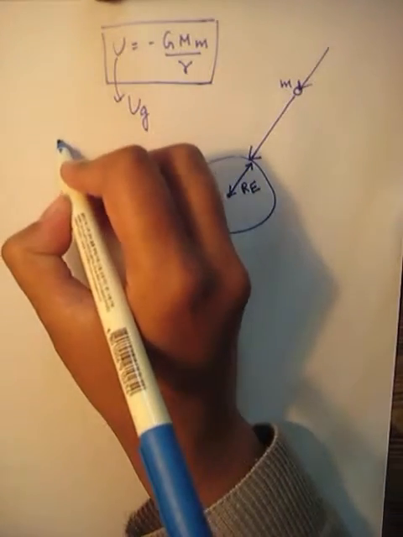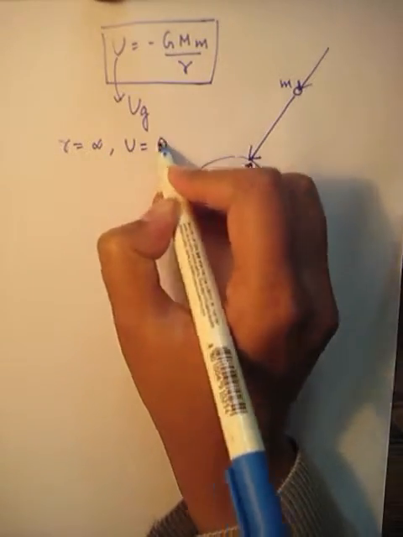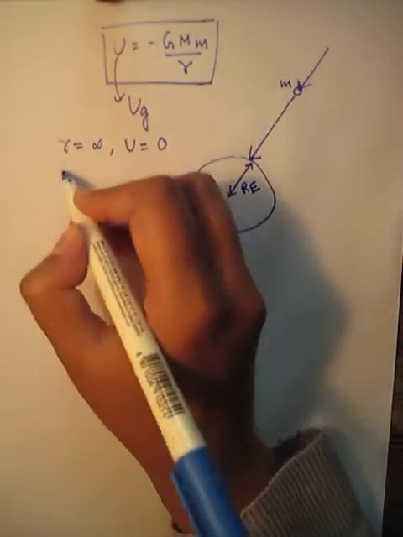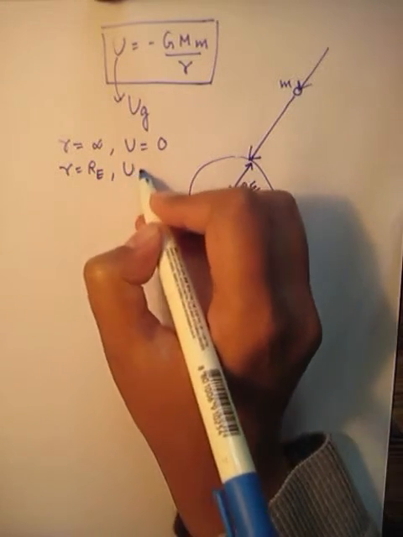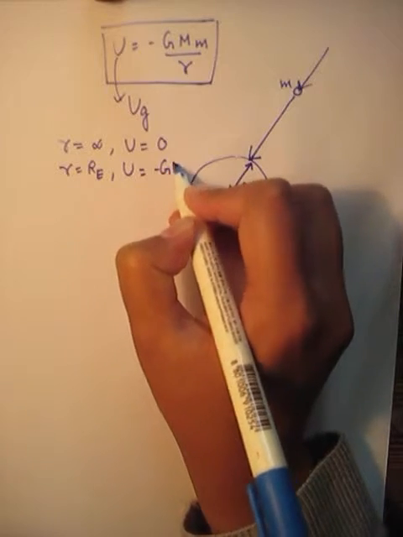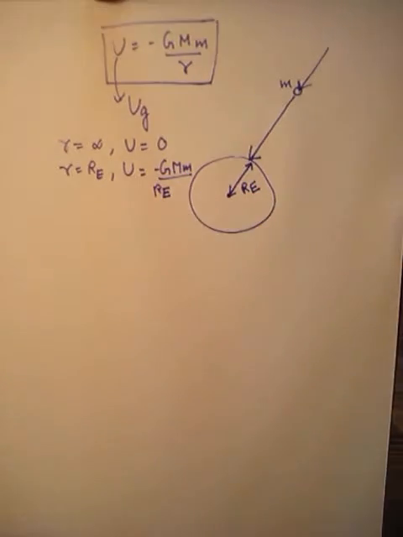So if R is infinite, potential energy will be 0. If R is RE, potential energy will be minus G capital M small m upon RE.